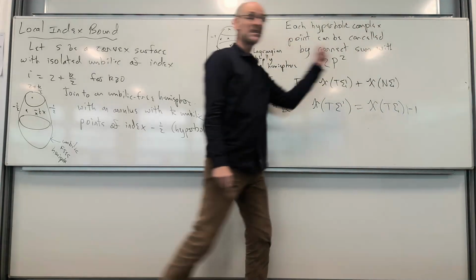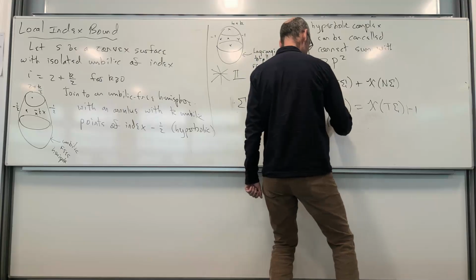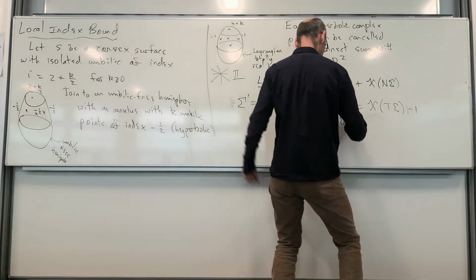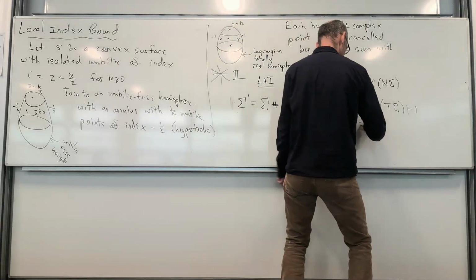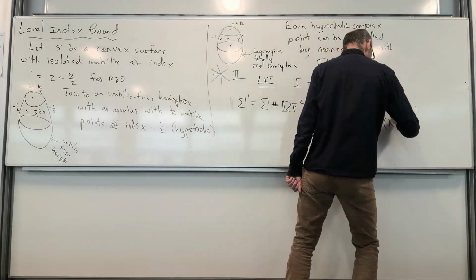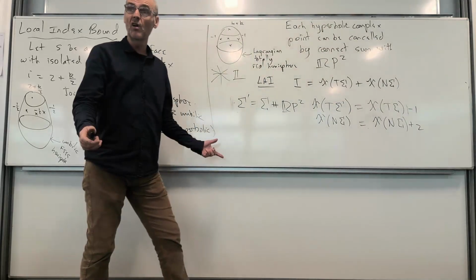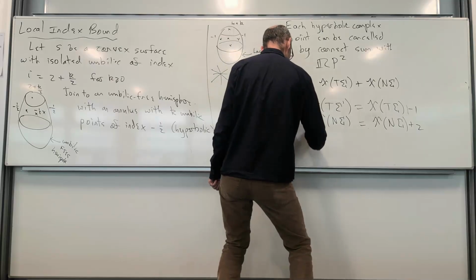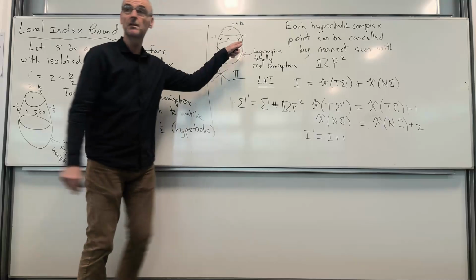But what's interesting is that the normal goes up by 2. The Euler characteristic of the normal bundle of this connected sum with RP2 is the Euler characteristic of the normal bundle plus 2. So overall, your index is going to go up by 1. I prime is I plus 1, and that kills the umbilic point.